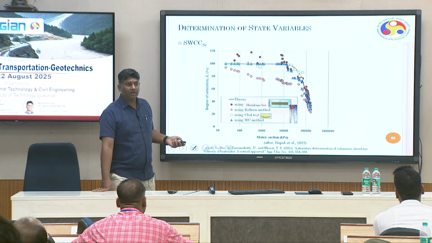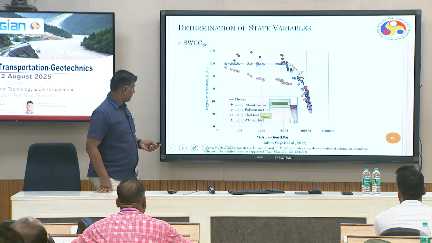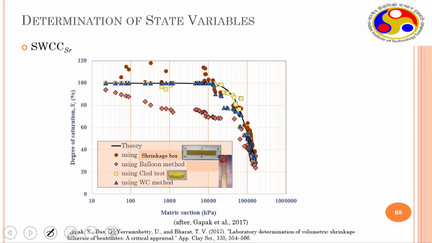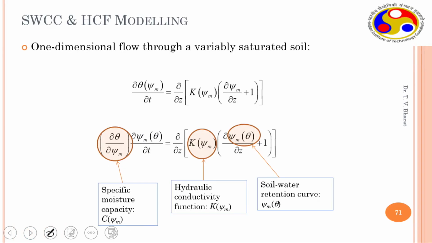This is a powder bentonite. Initial state is nearly at liquid limit, right? This is my first student, Yagam Gapak. Hysteresis we also estimated. And some of the models were discussed today. I didn't discuss any of the SWCC models. I could not get time to discuss.